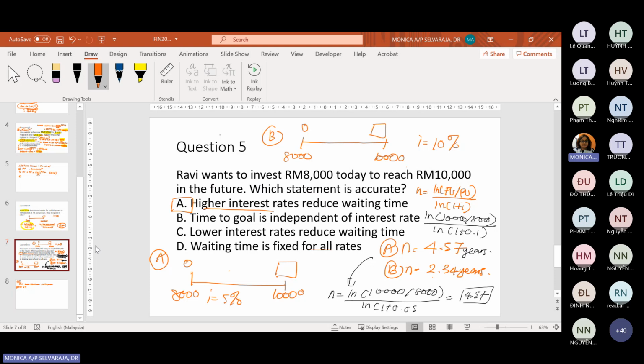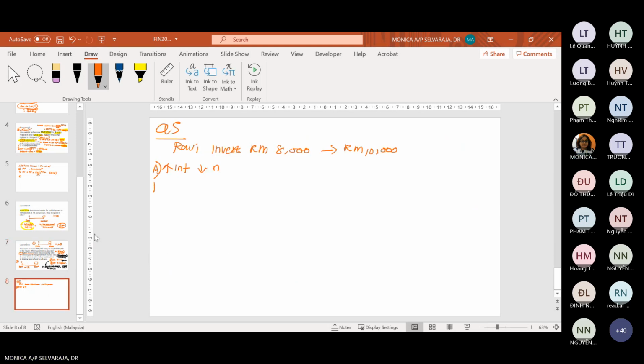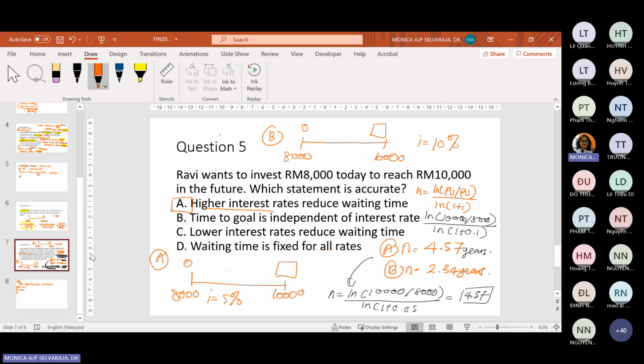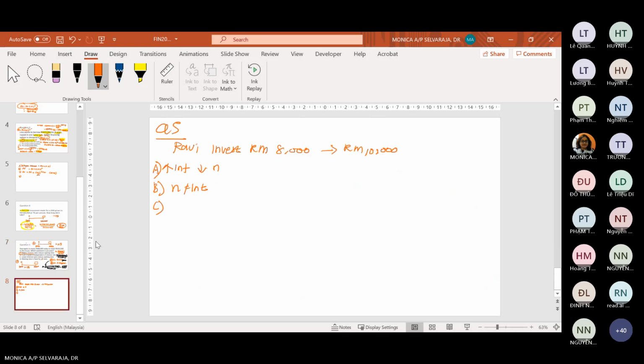This one, B, independent. That means they're saying number of years and interest rate got no relationship. C, lower interest rate, lower the number of years.